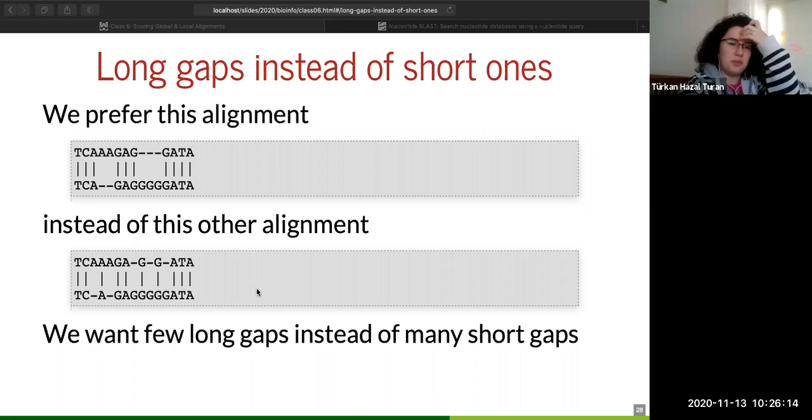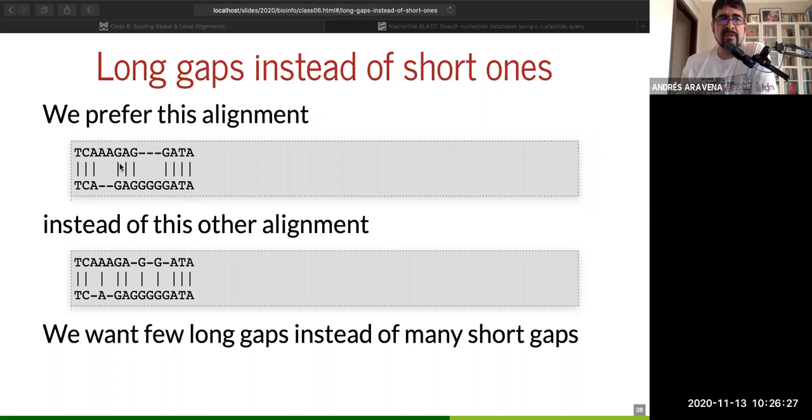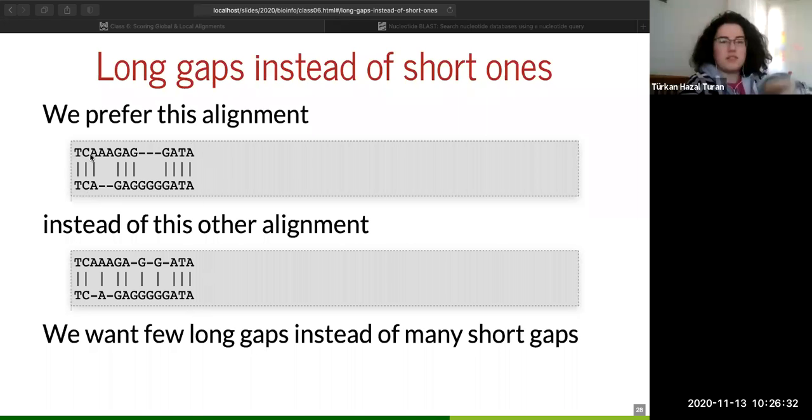I have a problem again. What is your problem? These two are different sequences, not different ways of showing the same sequence. What do you mean by this? The first and the second. These are different. We say we prefer the first one, but it's not the same thing.